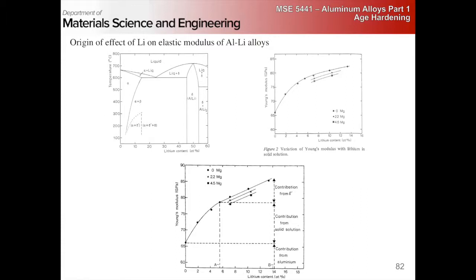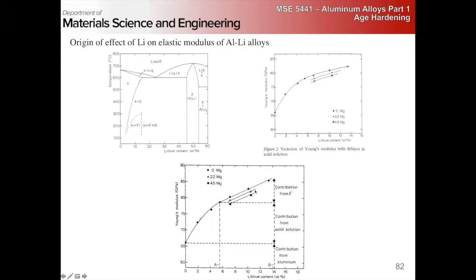Okay, so the last bit that I want to hit on today is I mentioned that one of the main reasons why this is so interesting is because lithium really gives a big increase to the modulus of aluminum and makes it stronger, right?